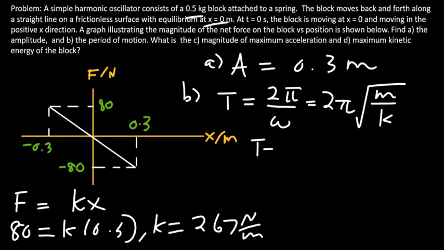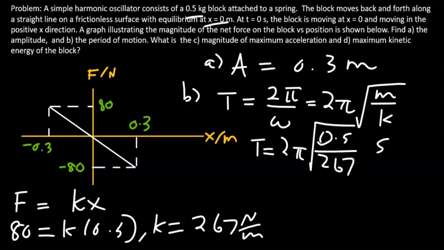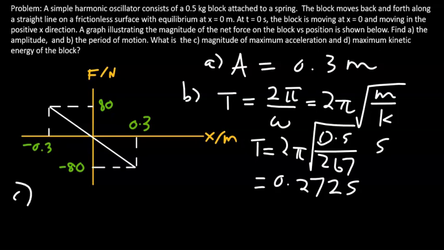Now we can determine the period. The period is 2 pi square root of 0.5 kg over k, 267, in units of seconds, which will give you 0.272 seconds.